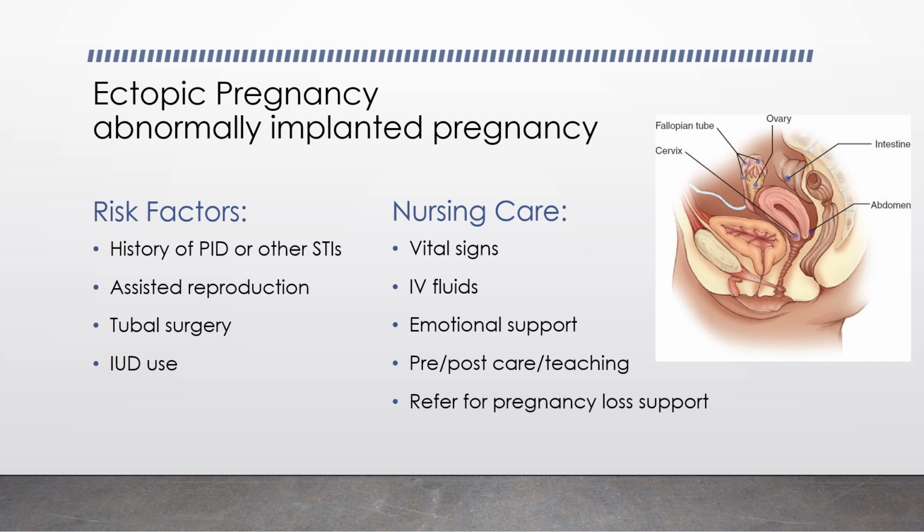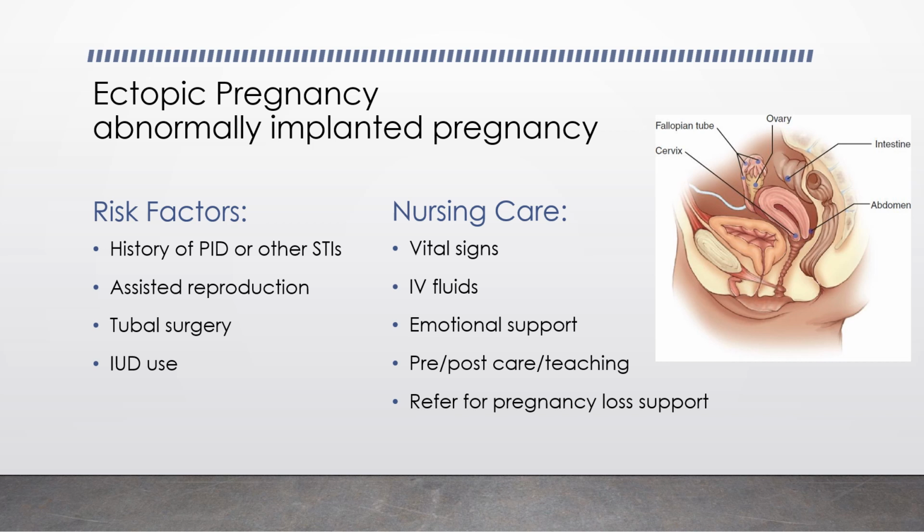For nursing care, we're going to monitor and do vital signs, provide IV fluid and emotional support. Ectopic pregnancies aren't compatible with fetal development, so this is a termination of a pregnancy because most often the fetuses will implant in the fallopian tube, and if that tube ruptures with the fetus in it because the fetus is growing, it can cause quite a lot of blood loss and exsanguination of the mom.